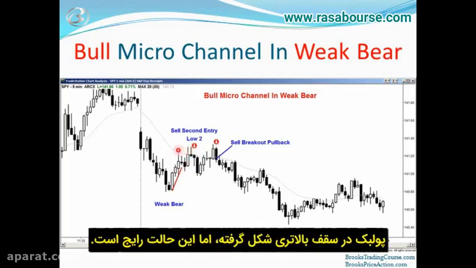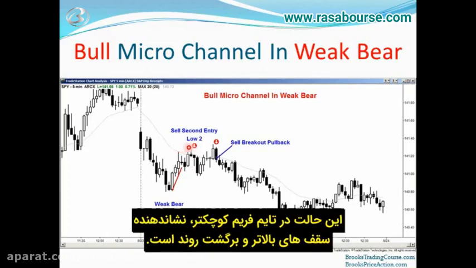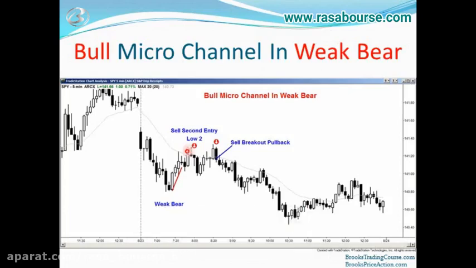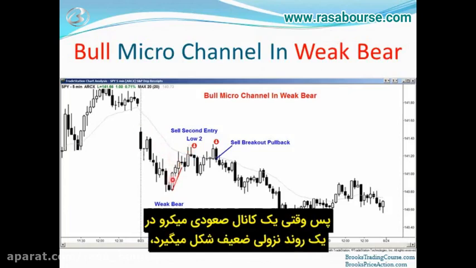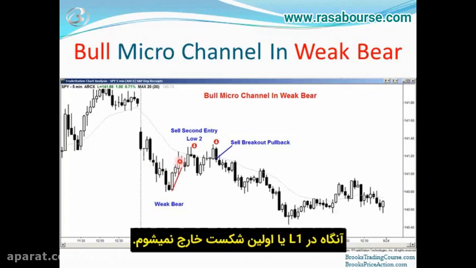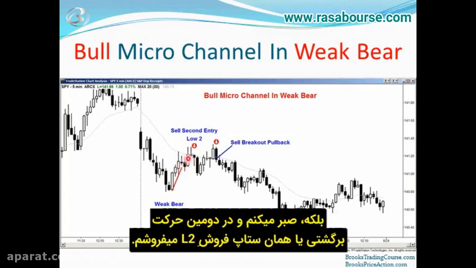Yes, the pullback went to a higher high, but that's common. On a smaller time frame chart, this would be a higher high major trend reversal. So when I have a weaker bear trend and then a bull micro channel, I do not short the low 1, the first breakout. I wait and sell the second reversal down, which is a low 2 sell setup.